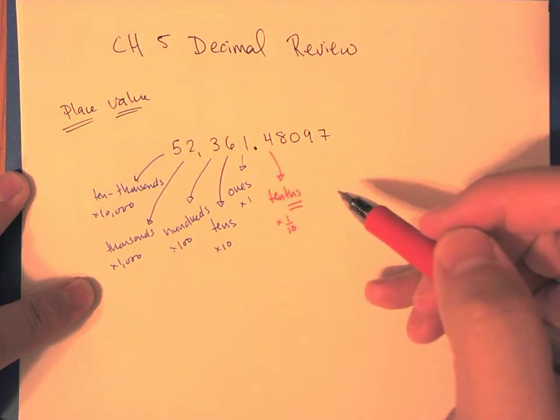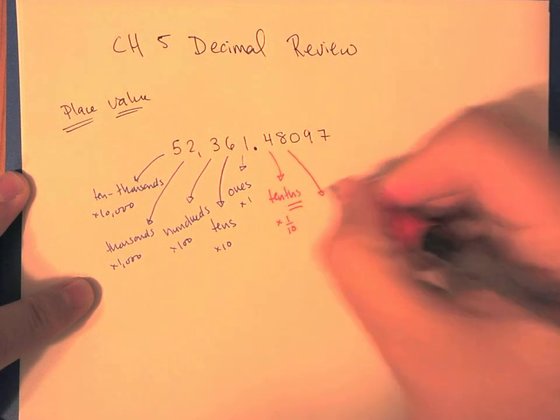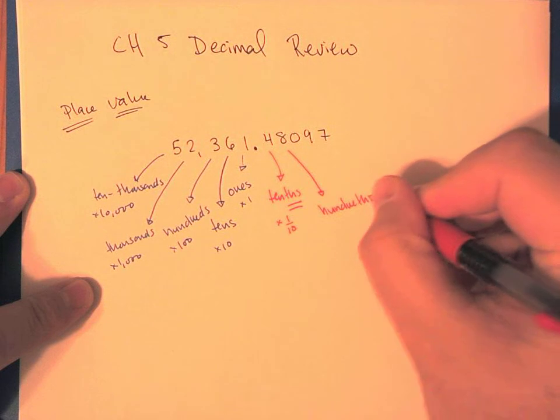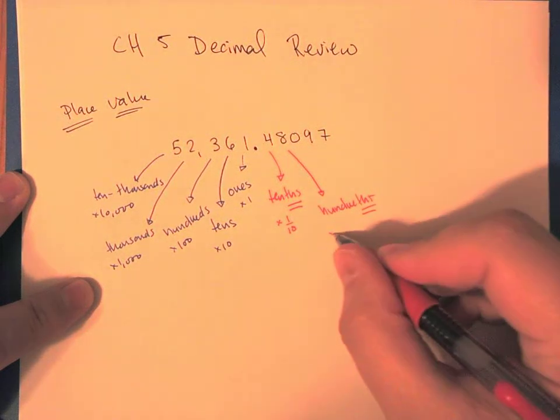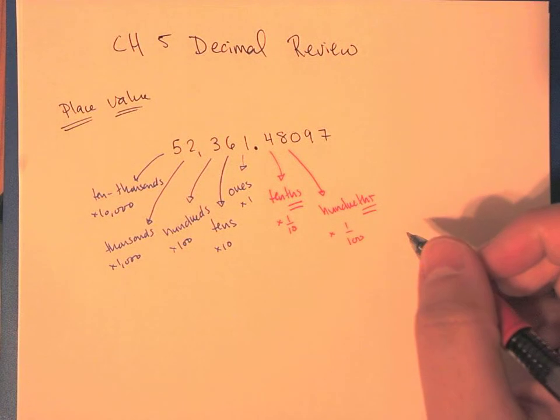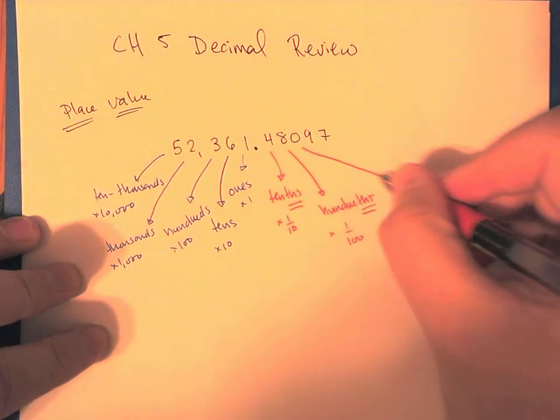It wouldn't really make sense. So the first decimal place is tenths, and then we keep our same naming convention going. Hundredths, just that all the decimal places have this th, with 1 over 100. This would obviously be thousandths.